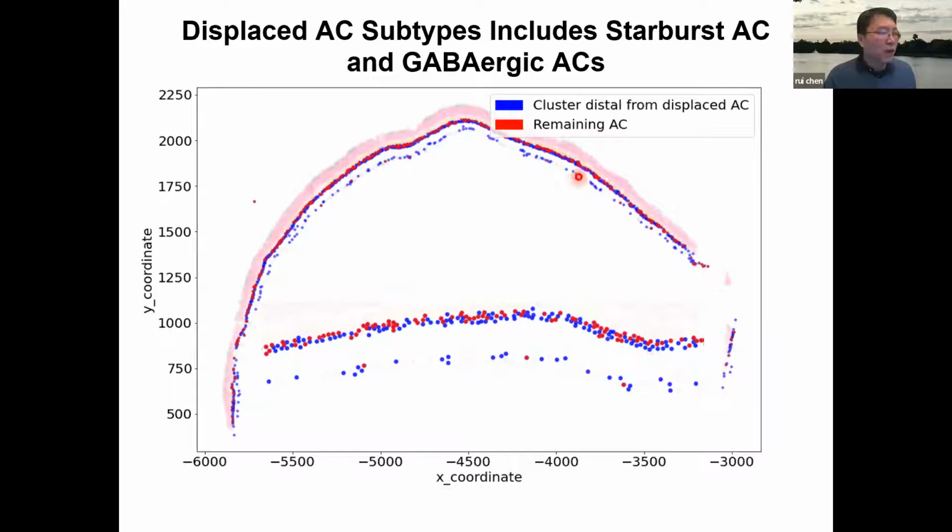And the red are the remaining endocrine cell types that we don't see a displacement. You can see pretty much all of them are indeed in the nuclear layer. Only a few dots are potentially misplaced. Maybe they are sort of background. So overall, we don't think it's misassignment or background. It's probably the real biology.